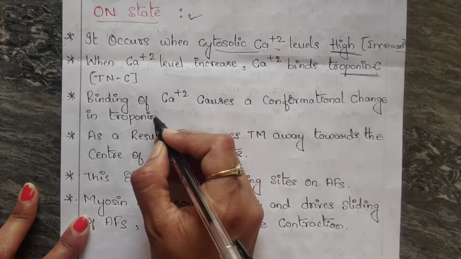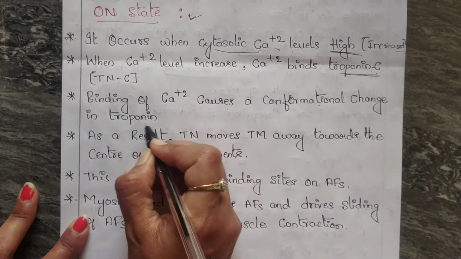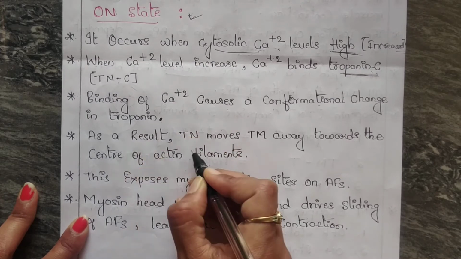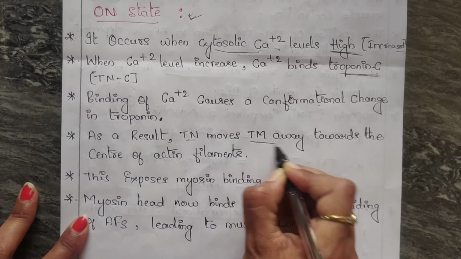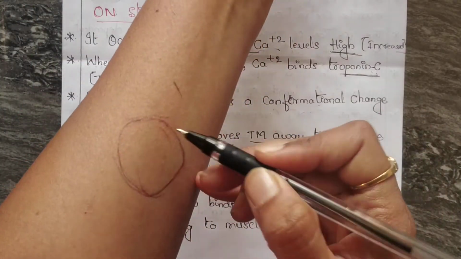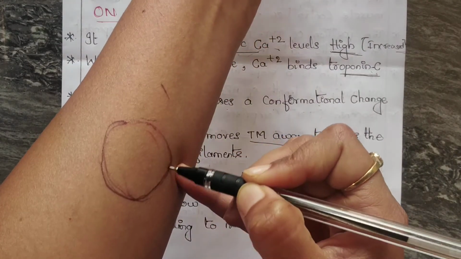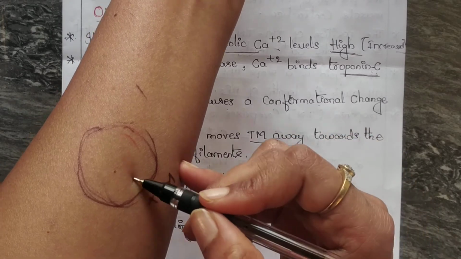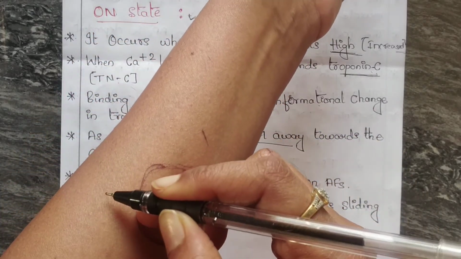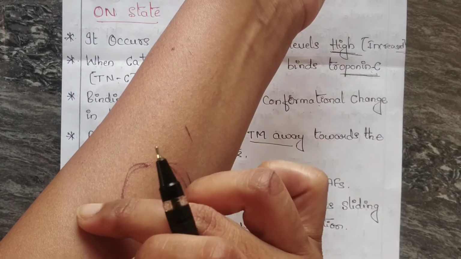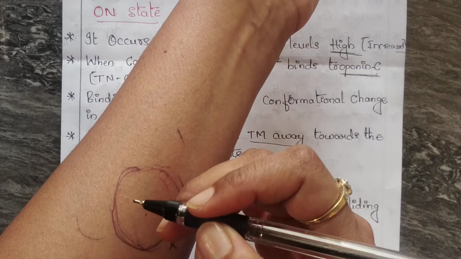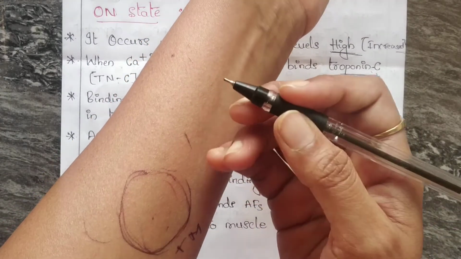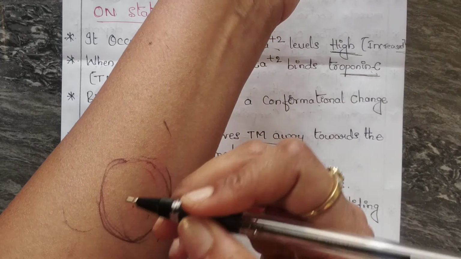The binding of calcium causes a conformational change in the troponin. As a result, TN moves the TM away. What happens here? Tropomyosin came and occupied here. But when calcium comes here, that brings a change in the troponin.